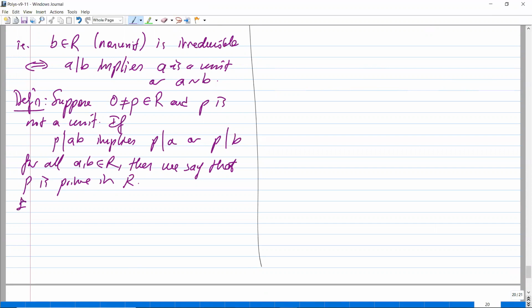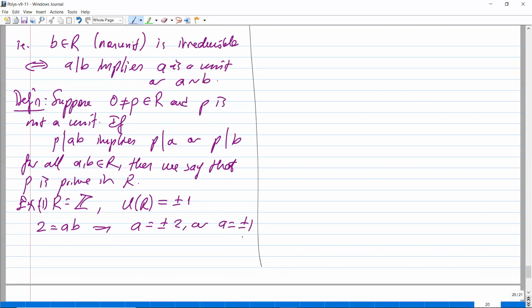Okay, here's an example. Again, we take R to be the integers. In this case, the units are only plus or minus 1. So if we write 2 is equal to A times B, then A is either plus or minus 2, or A is plus or minus 1.